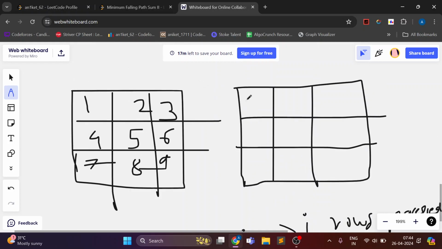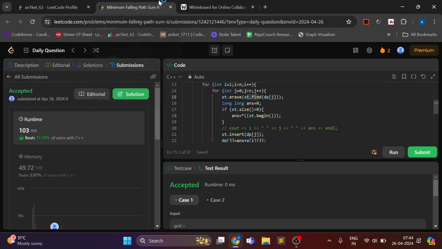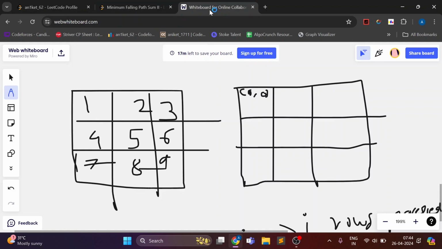So let's start with the first cell itself, which is 0 comma 0. Now 0 comma 0 represents that I'm considering the zeroth row till the zeroth row, meaning only the first row, and whatever falling path sum is, that path ends at the jth position, that sum will be equal to 1 itself.